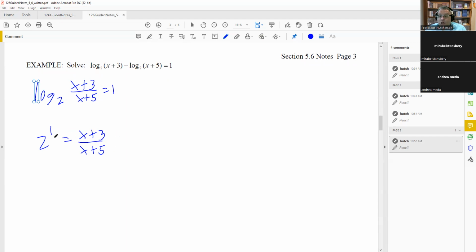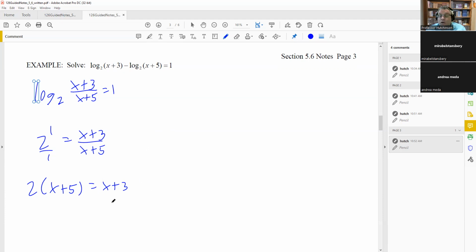From this point, we want to get rid of the fractions. So what I can do here is make that a 2 over 1, and I'm going to cross multiply this. These diagonals multiply together: 2 times x plus 5 is going to equal these diagonals multiplied together: 1 times x plus 3, which is just x plus 3. Or I could just multiply both sides by x plus 5 and get exactly the same answer.